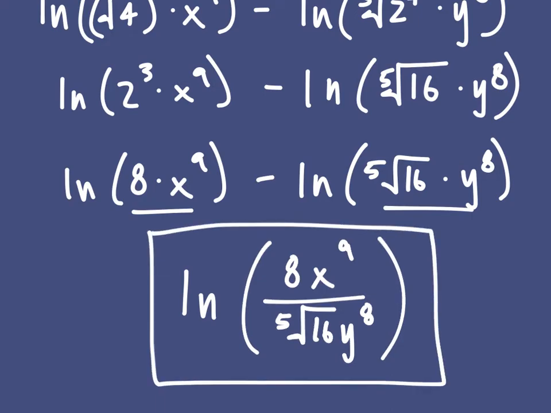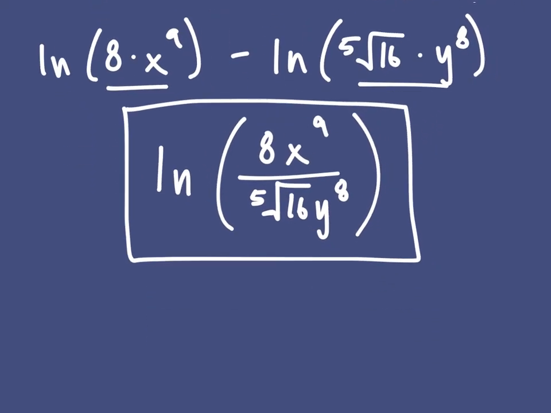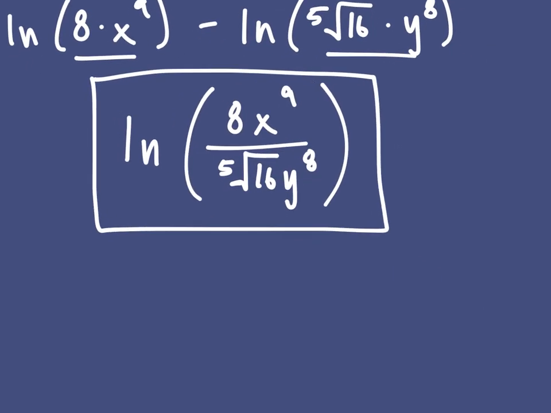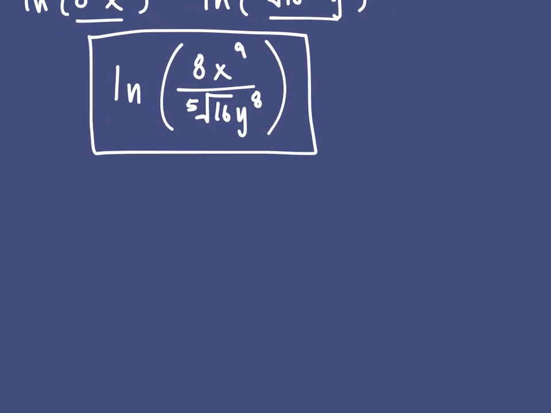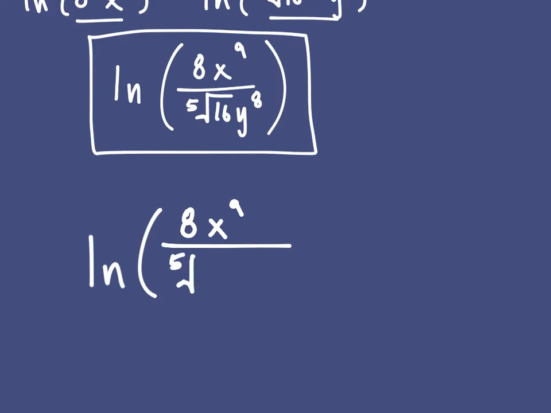I'm not exactly sure what the answer is. You could, in theory, simplify the radical down here and rationalize your denominator. So you could leave it like that, or let's rationalize that denominator here. So I've got 8x to the 9th over the 5th root of 16 times y to the 8th.